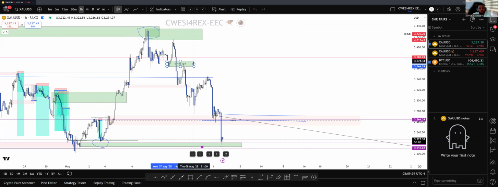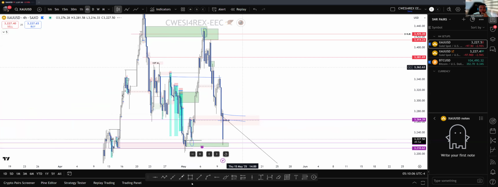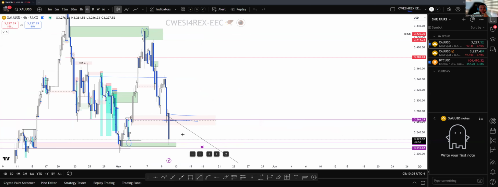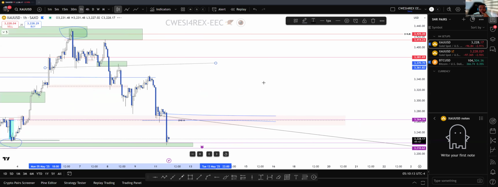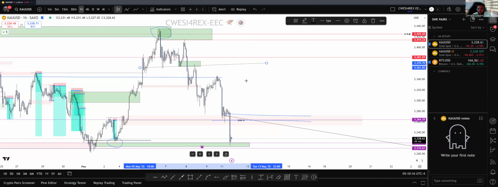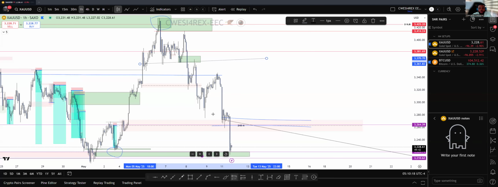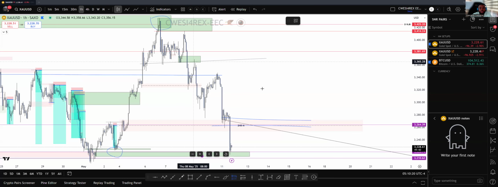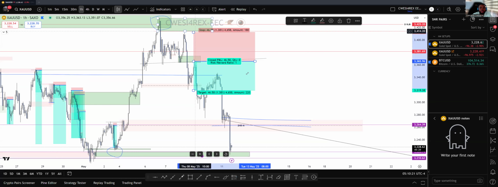So this is how you mark your zone, instead of marking it from the H4. Okay, so we have our trend line on H4, our zone on H1. So you can see, beautiful. The entry is going to be on this trend line.